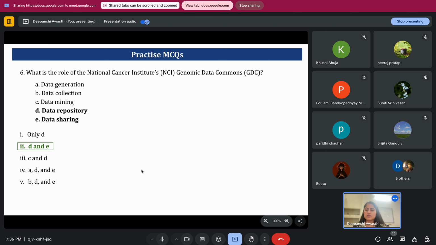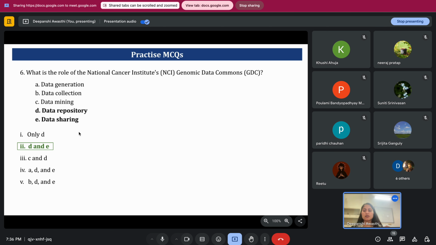Oh, sorry. So the correct answer is data repository and data sharing. So in NCI Genomic Data Commons, what it does is it is a data repository and a data sharing. So this is not going to generate any data, and data collection is kind of a misleading option here. But it is a repository which is storing the data and which is sharing the data.